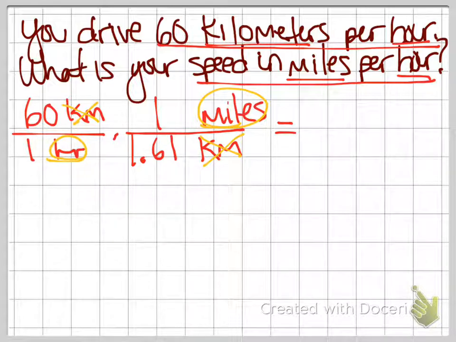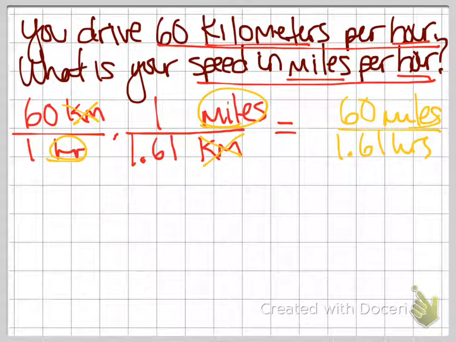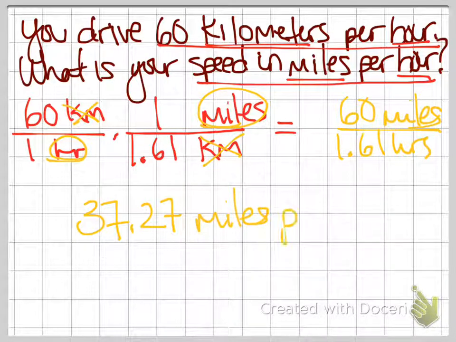And when we multiply across, we get 60 miles in 1.61 hours. And when we divide this down, put this in your handy dandy calculator, you're going to get 37.27 miles per hour.